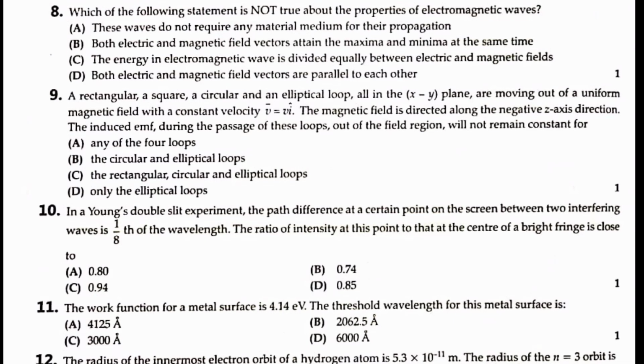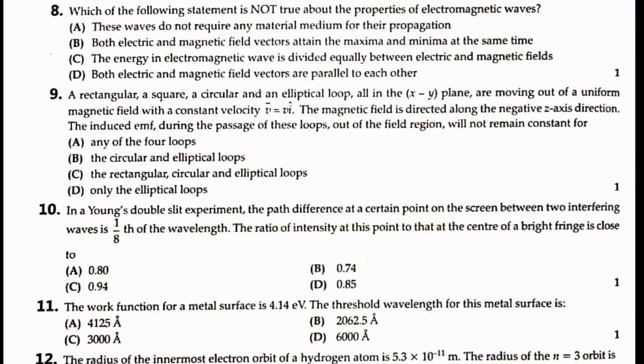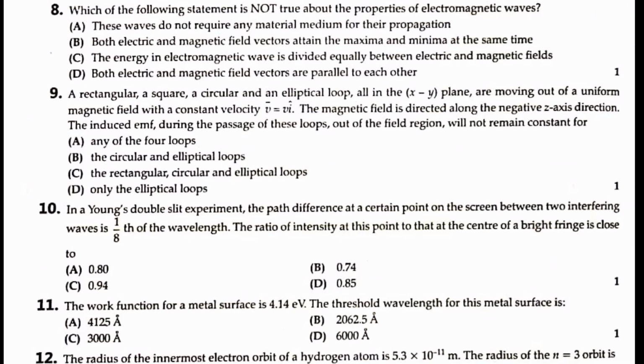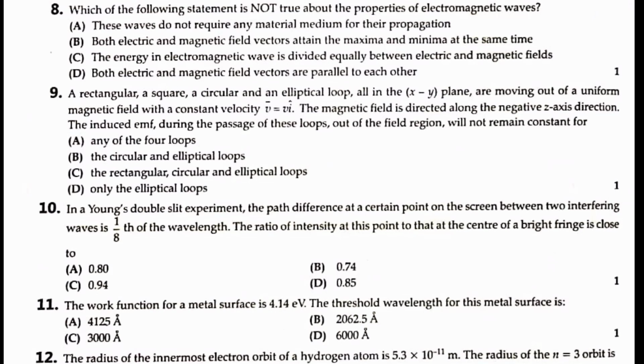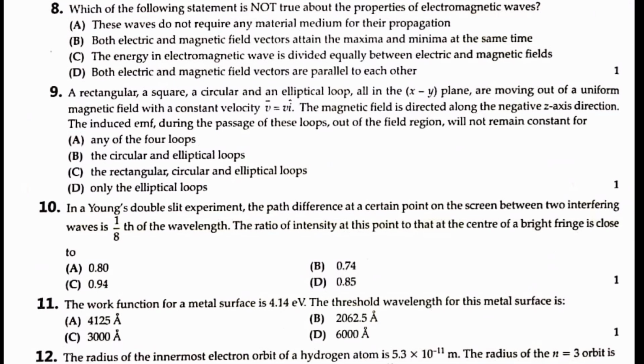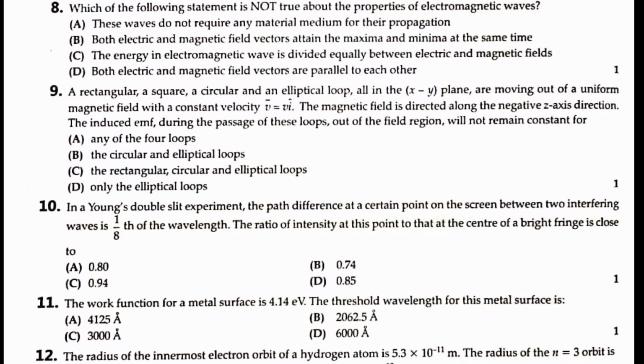The induced EMF during the passage of these loops out of the field region will not remain constant for. The options are: A, any of the four loops, option B, the circular and elliptical loops, option C, the rectangular, circular and elliptical loops, and option D, only the elliptical loop.